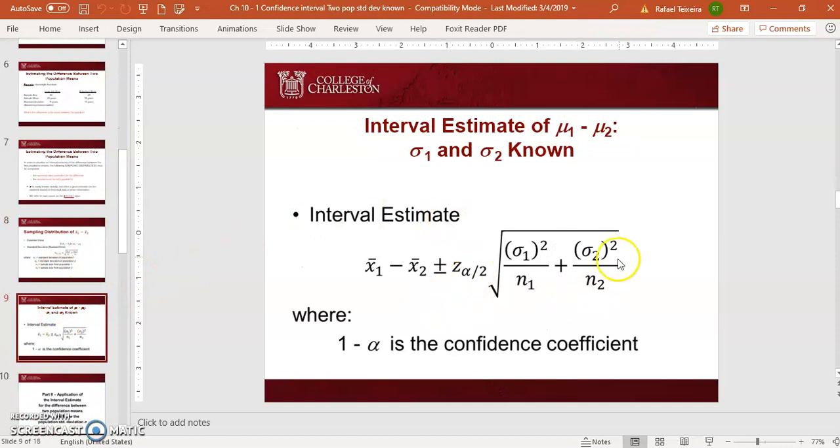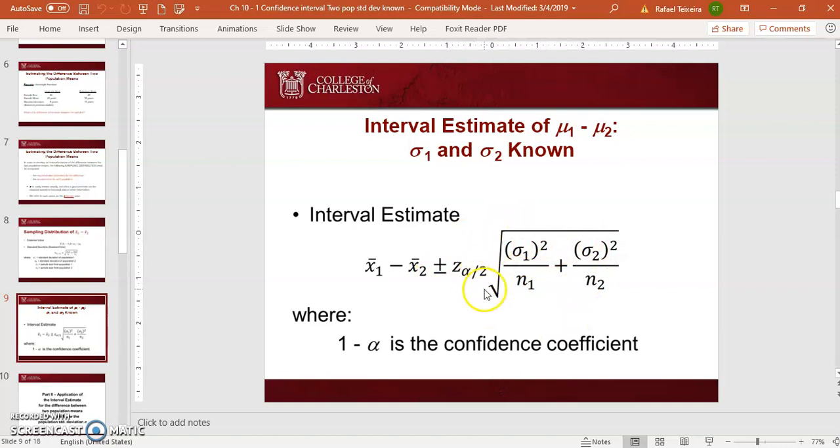And this is the final formula to compute the interval estimate for the difference. Remember that this confidence interval estimation process is based on the point estimator, in this case, the point estimator for the difference between the two populations. We're going to be using the samples to estimate the difference between the two populations. So this is the estimator, and we add and subtract a margin of error.